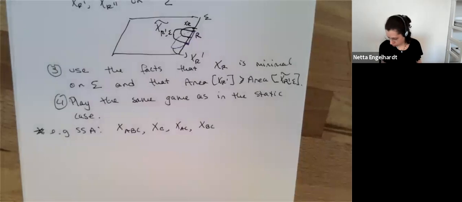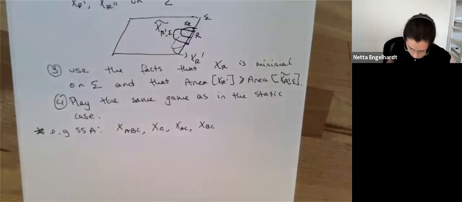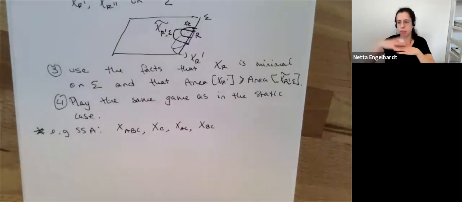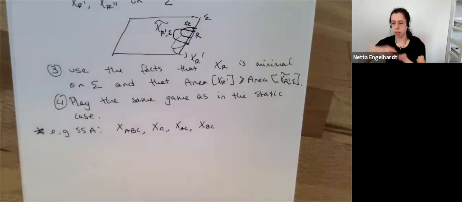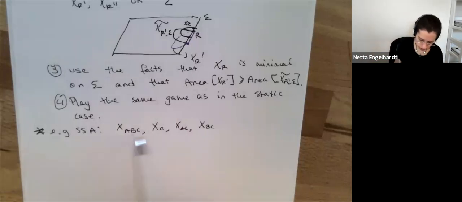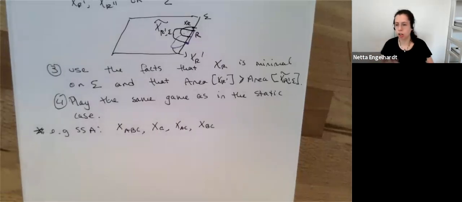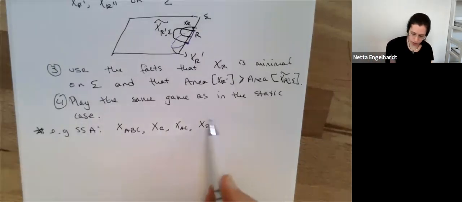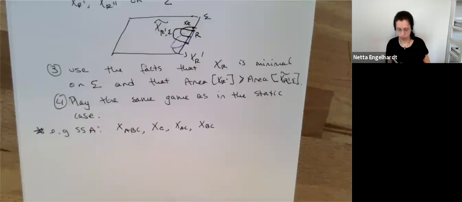And as I mentioned, whenever they're nested, they'll be minimal on the same Cauchy slice. This is something you can prove. So that means that we can put XABC, XC, and XAC, all of these, minimal on the same Cauchy slice. It's XBC that's going to be the problem.